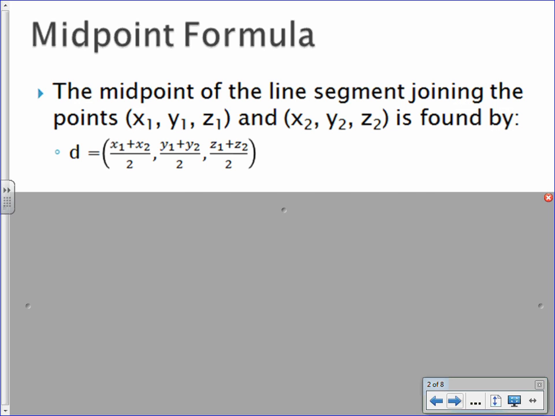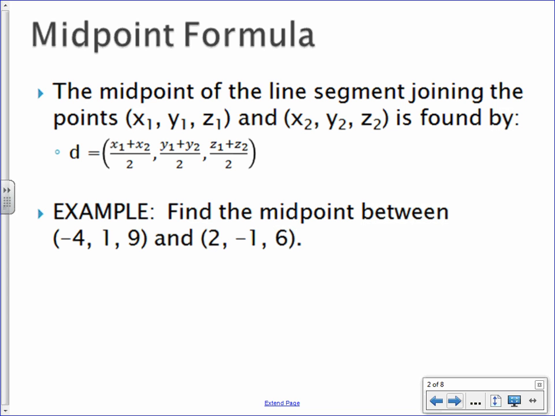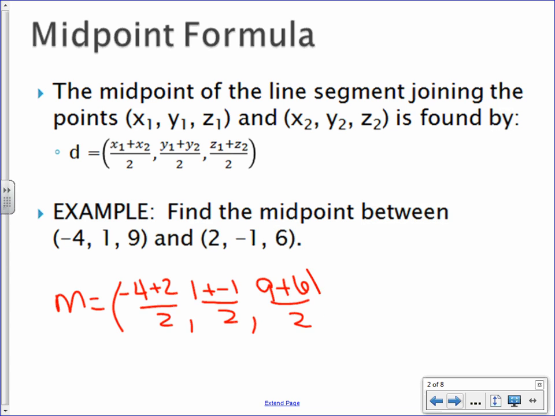Okay, so here are the 2 points we are going to find the midpoints between. Okay, so our midpoints will be the average of our x's, the average of our y's, and the average of our z's.